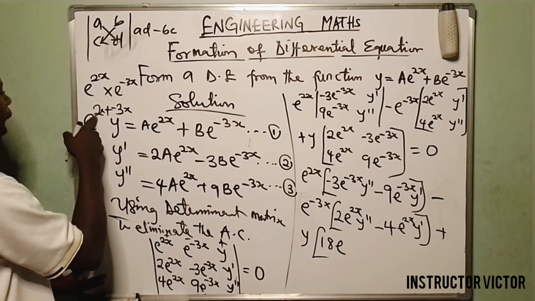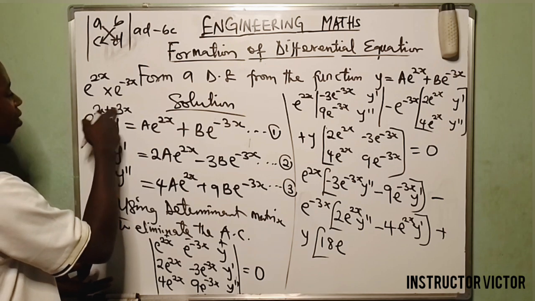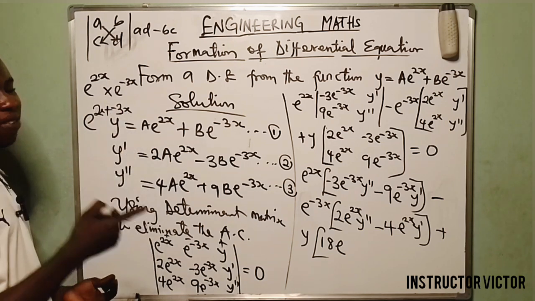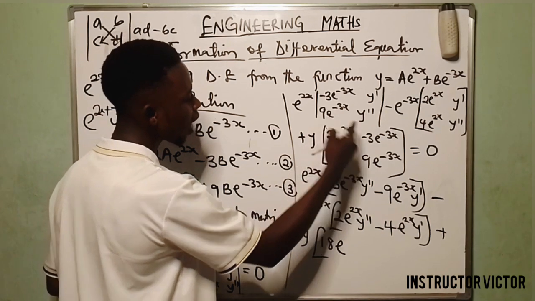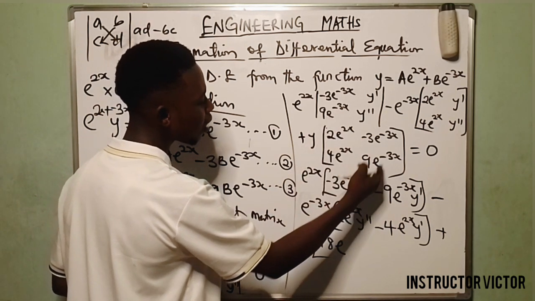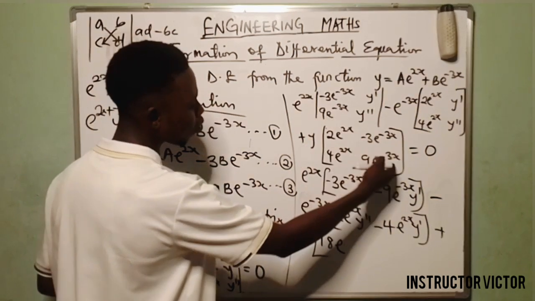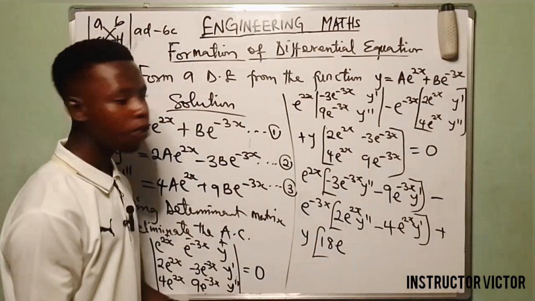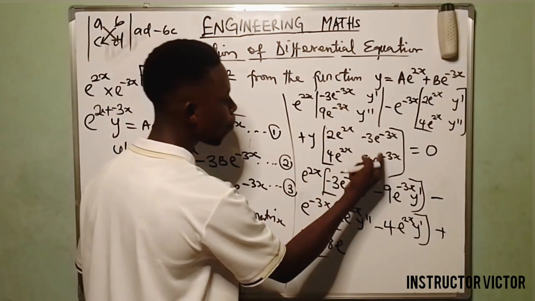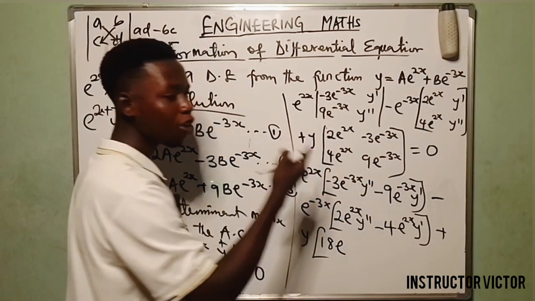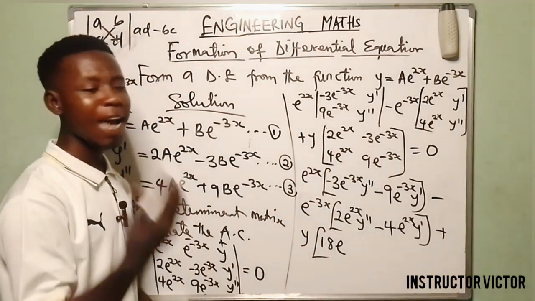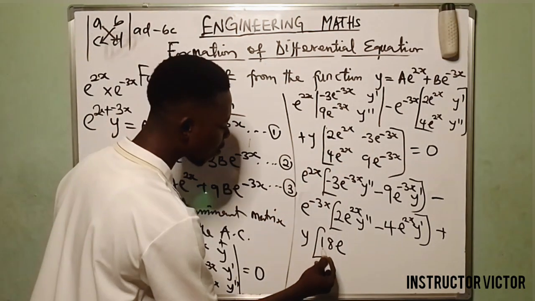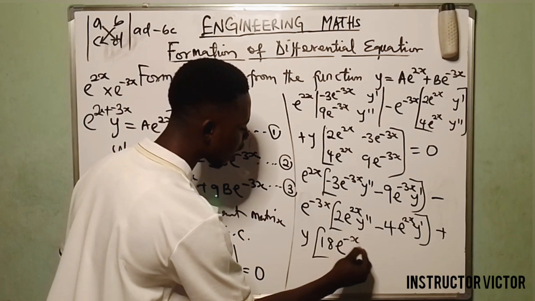So 2x minus 3x will give us minus x. So when you have 2 exponential 2x multiplying 9 exponential minus 3x, the powers will add since it is multiplication. So 2x plus minus 3x, plus minus will give us minus, so 2x minus 3x will give us minus x. So we now have 18 exponential minus x.